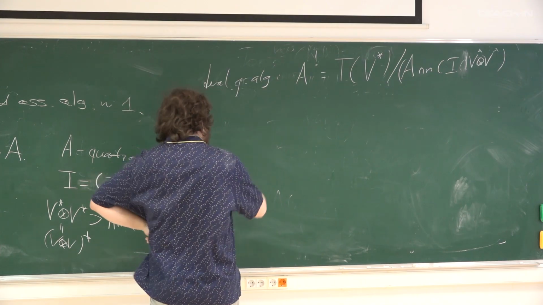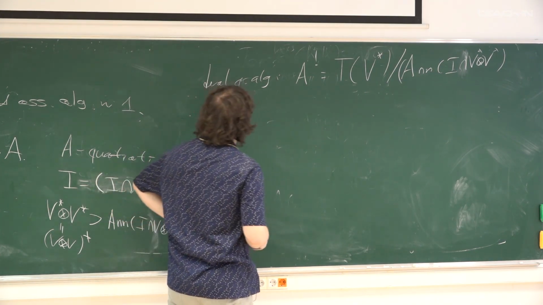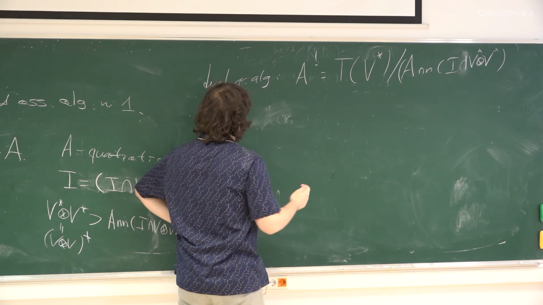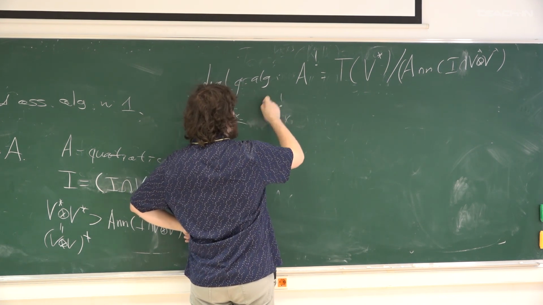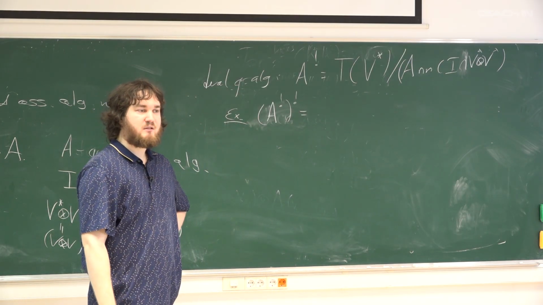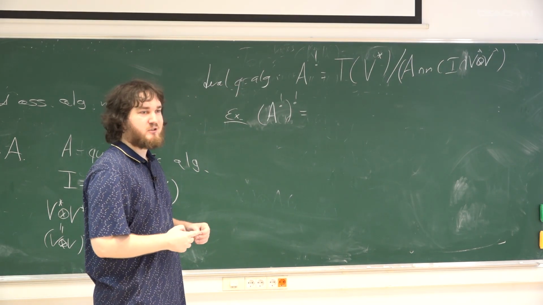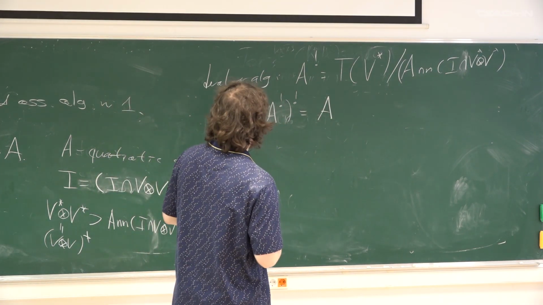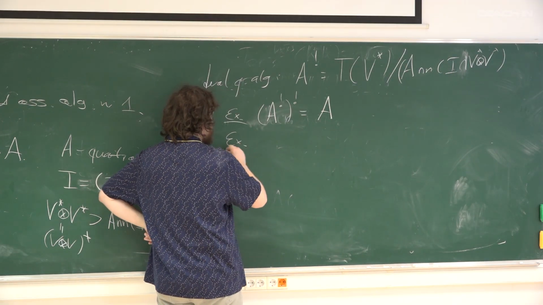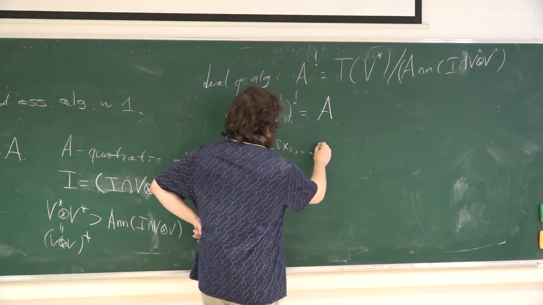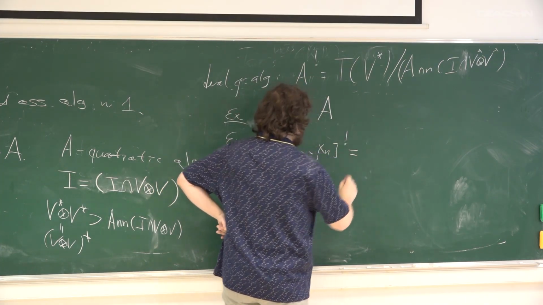For example, exercise: check that. What is the quadratic dual? It's called dual not just for fun. It's a duality. Then, if you consider, for example, the free commutative algebra, what is the dual of the free commutative algebra?